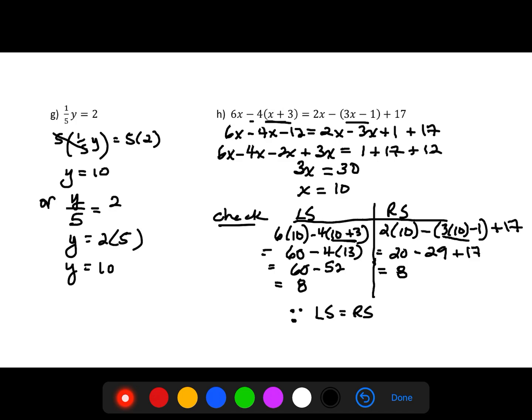So we know that that's true. So since, and we always want to do this part to prove why we did this and what it means, since the left side equals the right side, we know for sure x equals 10. That is our solution.